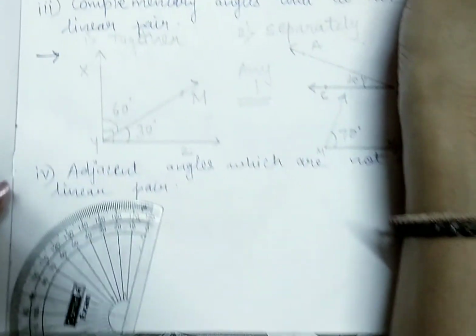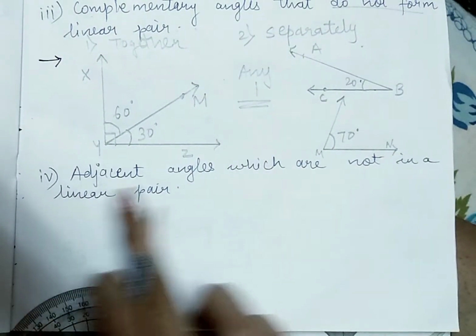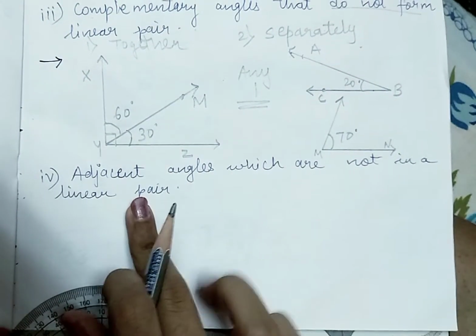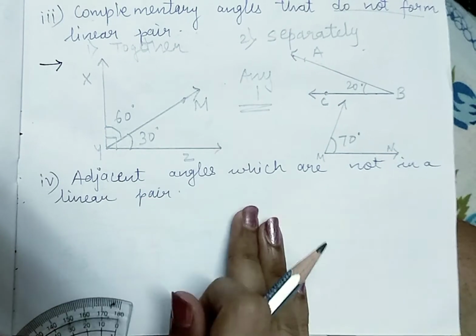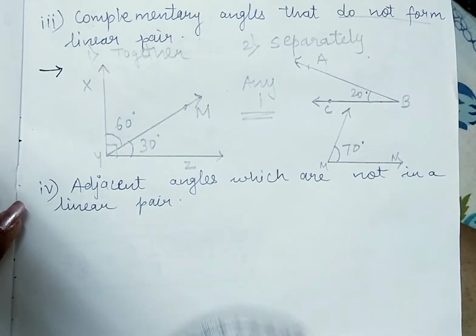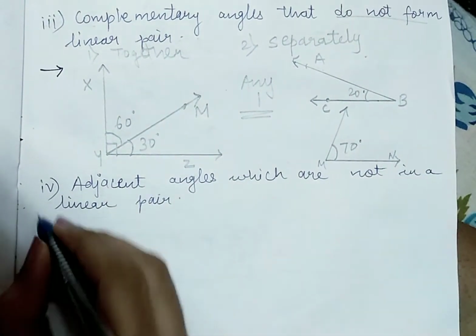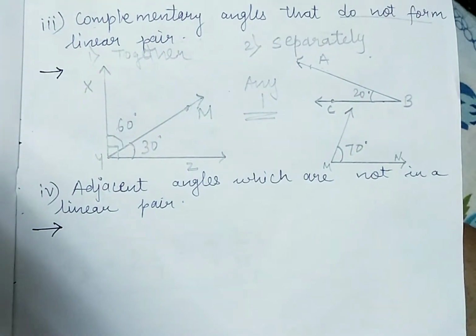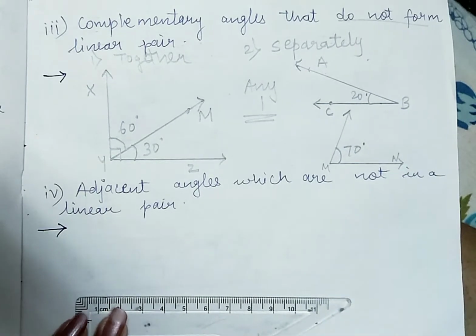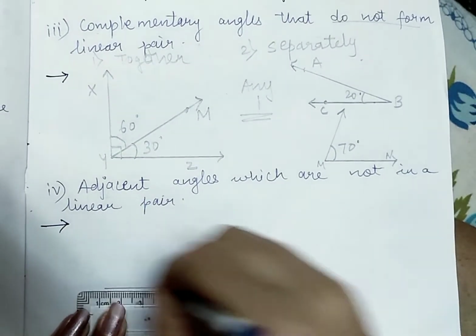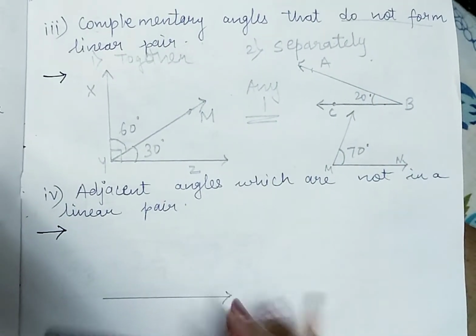Next, fourth one, adjacent angles which are not in a linear pair. We have to draw adjacent angles which are not in a linear pair. Adjacent means again one beside the other. So we can draw angles of random measurements.